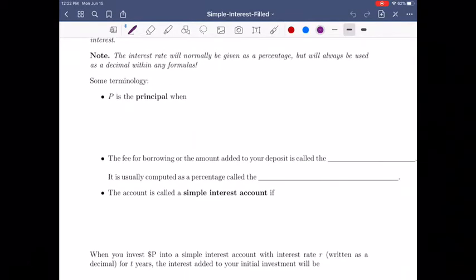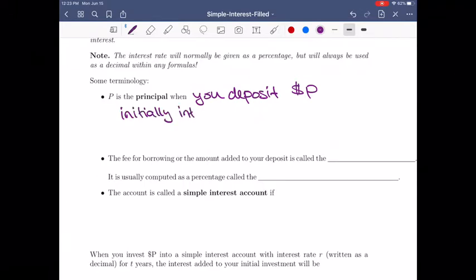Okay, so some terminology. P, capital P, is what we call the principal. The principal is the amount you deposit. So P is the principal when you deposit capital P dollars initially into an account. Or you could maybe borrow.